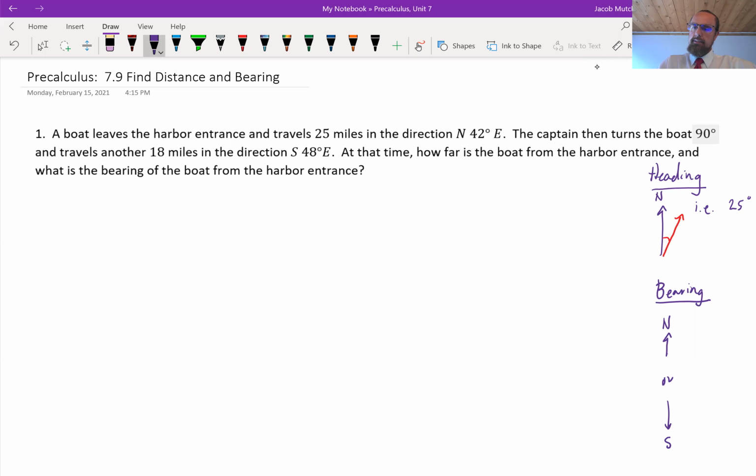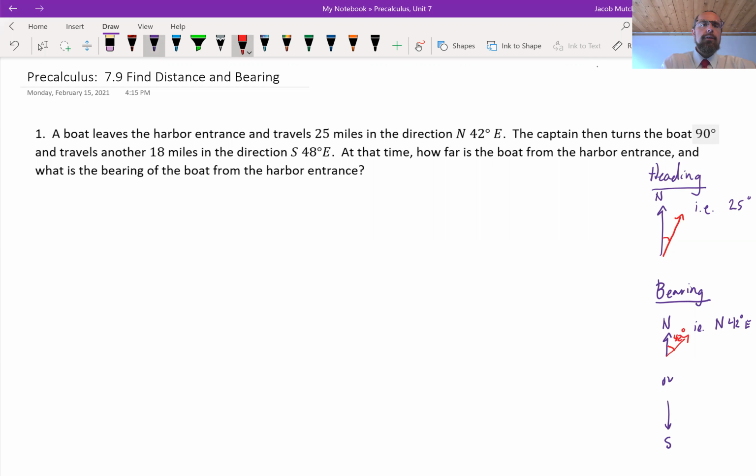Just to see some examples, in this problem, north 42 degrees east, I'd start with the north direction and then head towards the east, so that's to the right or clockwise, 42 degrees.